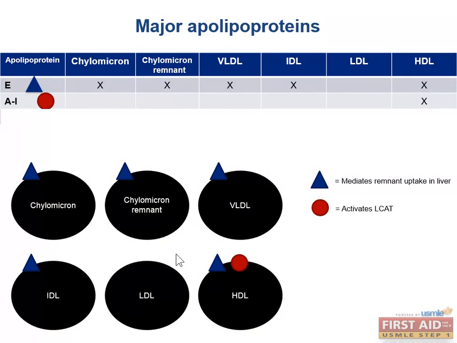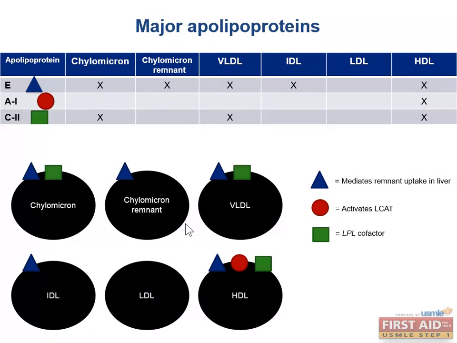Apolipoprotein A activates LCAT and is mostly found in HDL. Since LCAT converts cholesterol to cholesterol esters in HDL molecules, it makes sense that ApoA1 is going to be found in HDL lipoproteins.